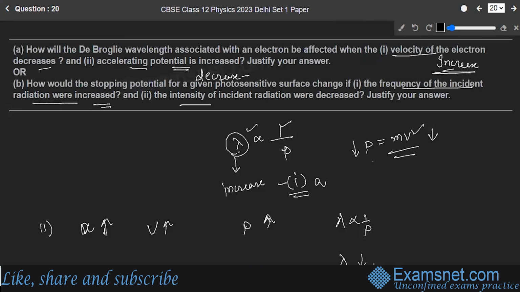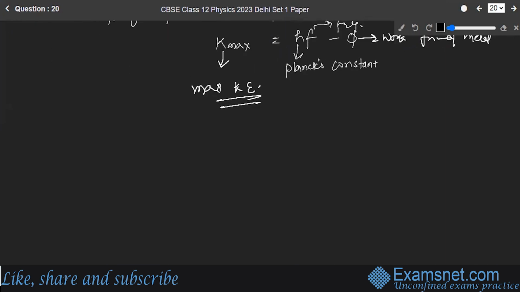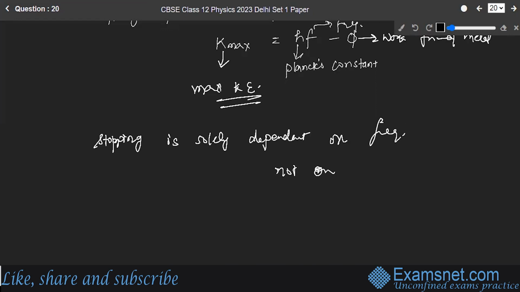Now, the second part: the intensity of the incident radiation is decreased. See, the decrease in the intensity of the incident radiation would have no impact on the stopping potential for a specific photosensitive surface, because stopping potential is solely dependent on the frequency and not on the intensity of the incident radiation.